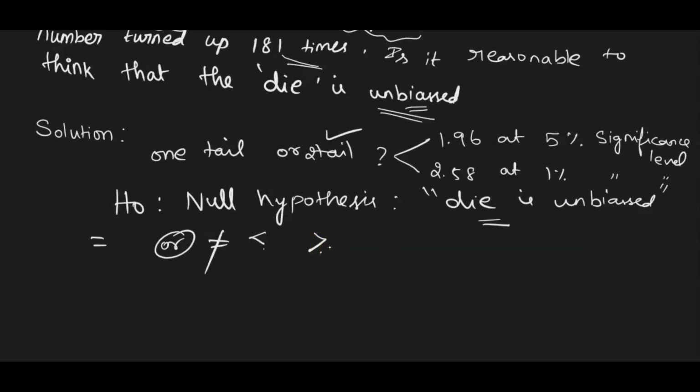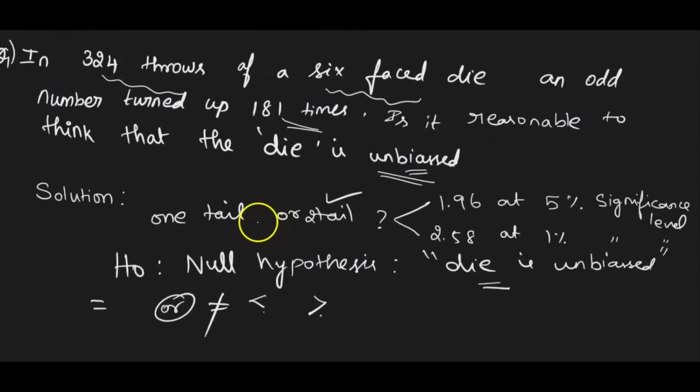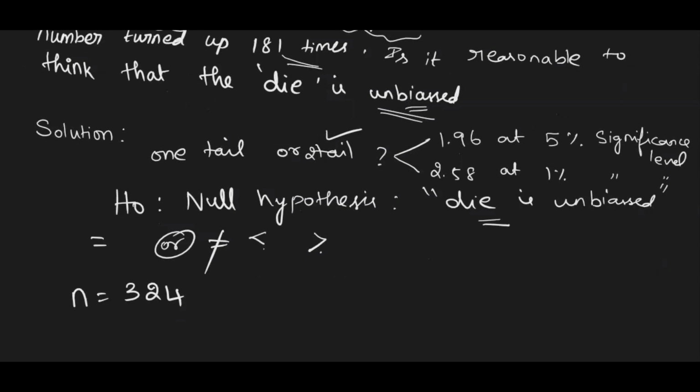Now what are the things that they have given? How many times are we repeating the experiment? 324 times. So n is equal to 324. What is P? P is the probability of an odd number turning up. How many odd numbers are there in a die?